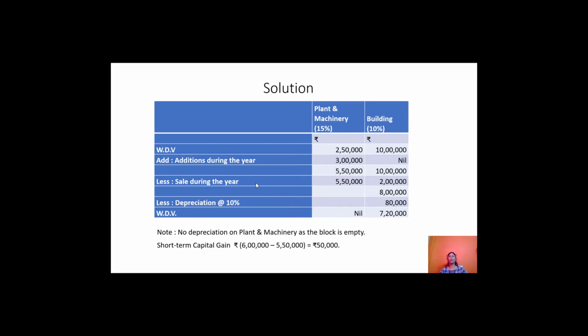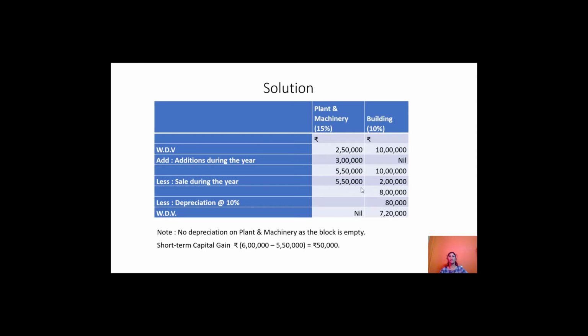Less sale during the year. The machinery was sold for 6 lakh rupees, but as the value was 5,50,000, we have to restrict to 5,50,000 and the balance would be short-term capital gain. And in case of buildings, 2 lakh rupees was the sales value, so the written down value is 8 lakh.